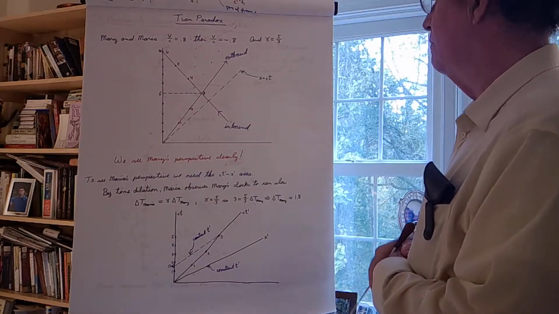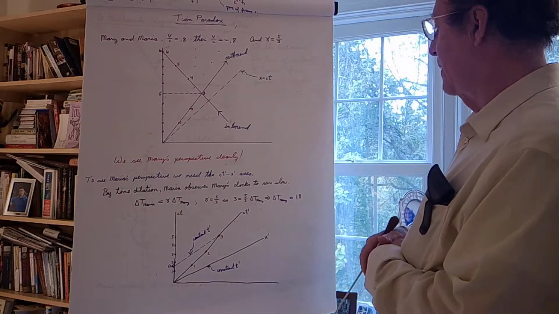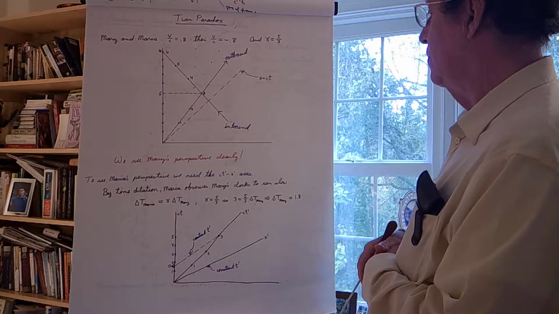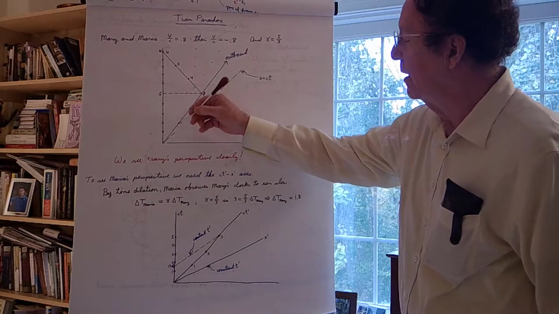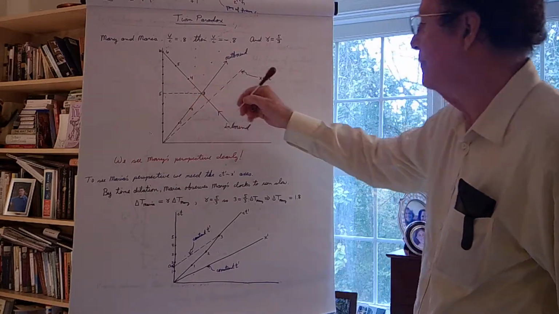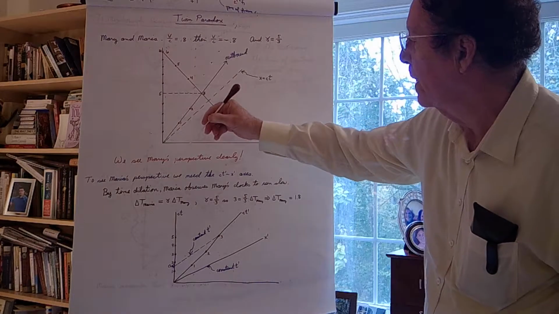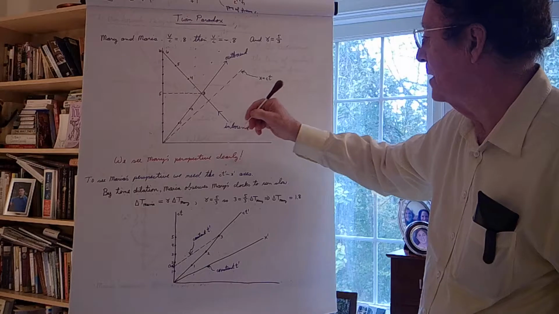We want to understand Maria's perspective, and so I have to put my t prime and x prime axes on this figure. Well, that's easy to do. That's nothing new. We've done such things in Minkowski diagrams already. By time dilation, Maria observes Mary's clocks to run slow. So delta T Maria is gamma delta T Mary.